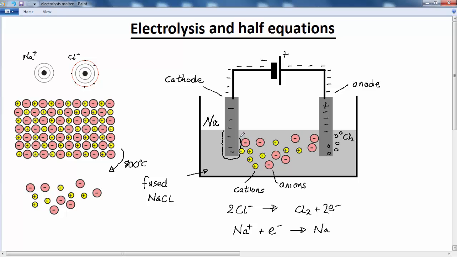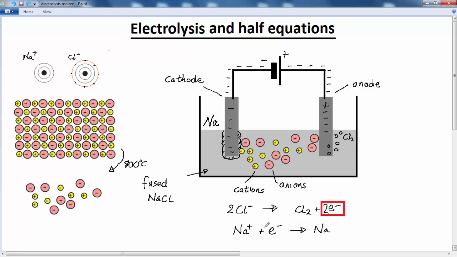deposited around the cathode. Now, when we're writing half equations like this, what is very important is to make sure that the number of electrons are the same in each case. In this half equation, 2 electrons are donated to the anode, then 2 electrons must be picked up by the cathode here.